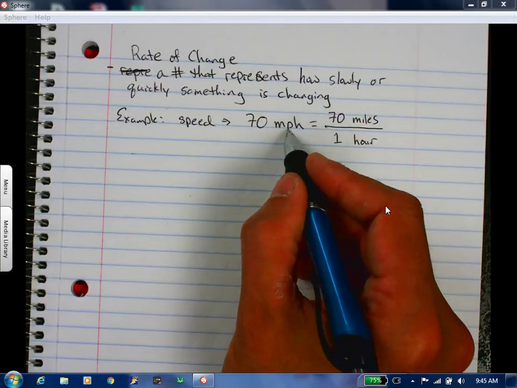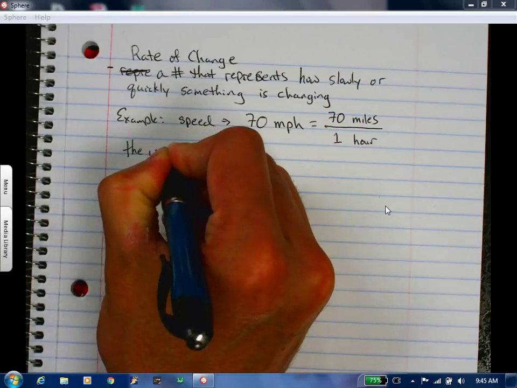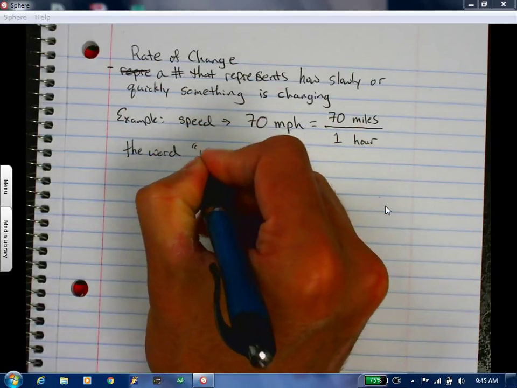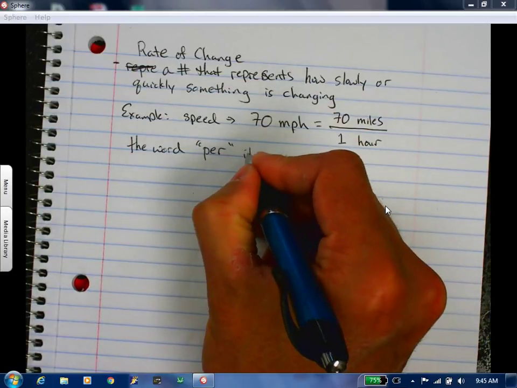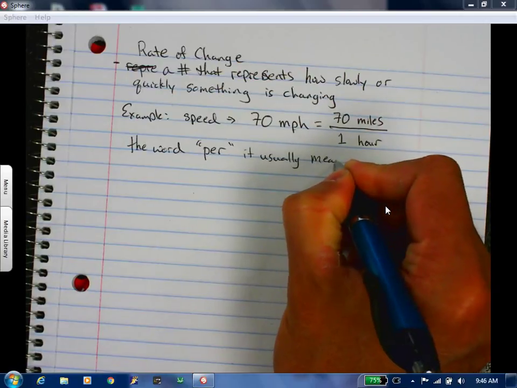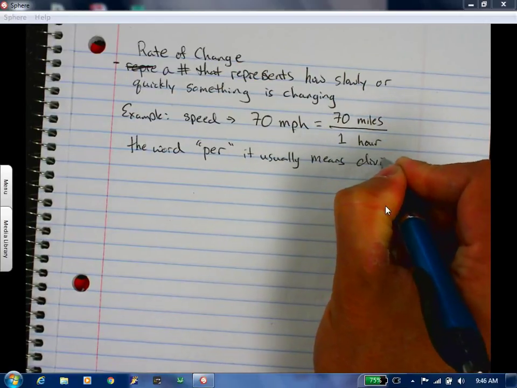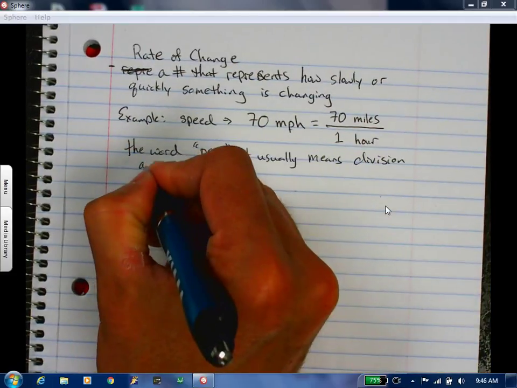Okay. So when you have the word per, as in 70 miles per hour, it usually means division, and then you have a rate of change.